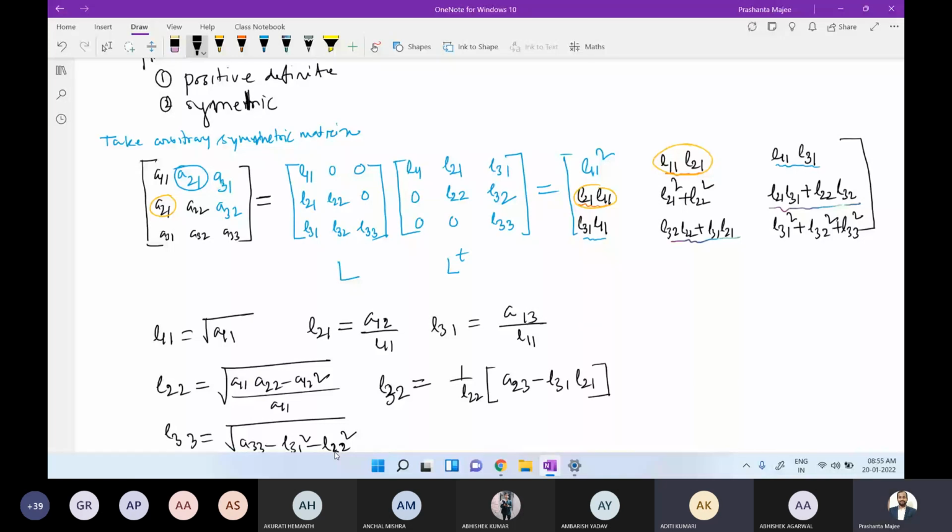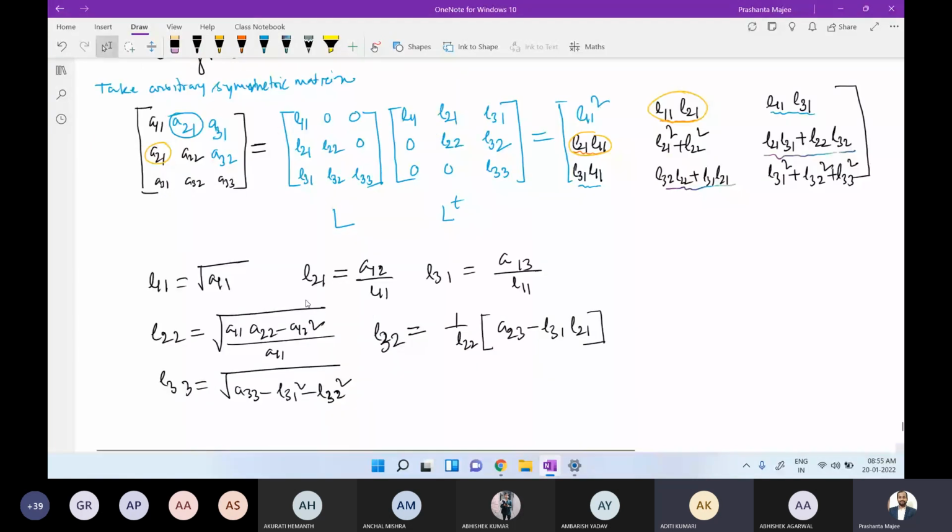Whatever matrix you consider on the left hand side has to be symmetric and positive definite. Why positive definite? Because L11 will exist if A11 is greater than 0. L22 will exist if this term, A11 into A22 minus A12 square, is also greater than 0. L33 will exist if this part is greater than 0.